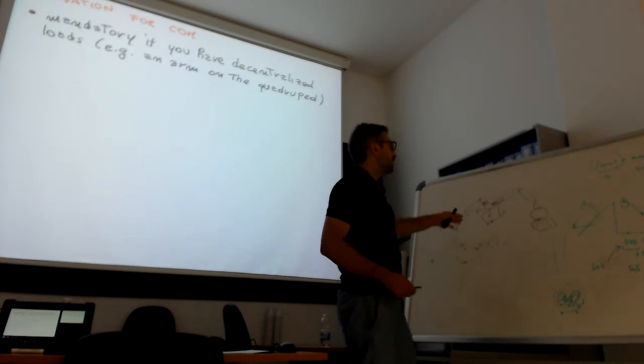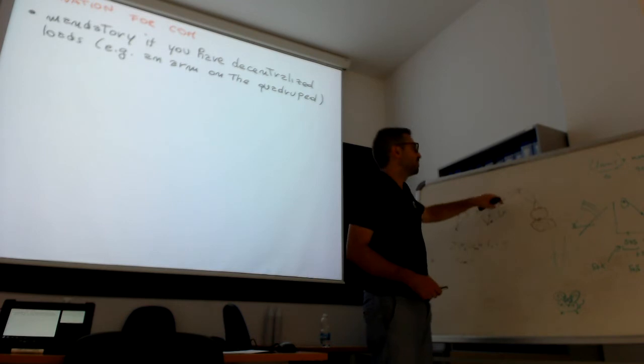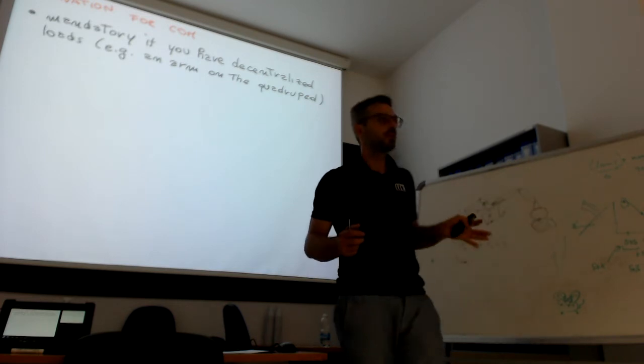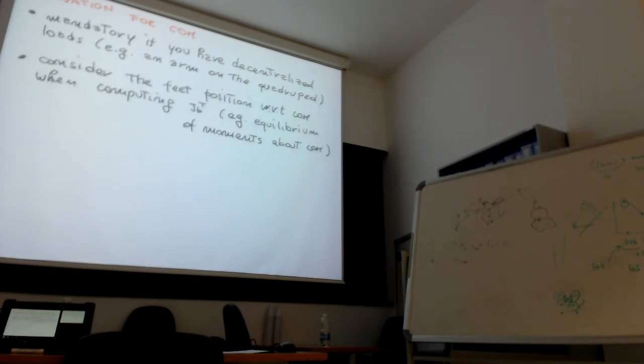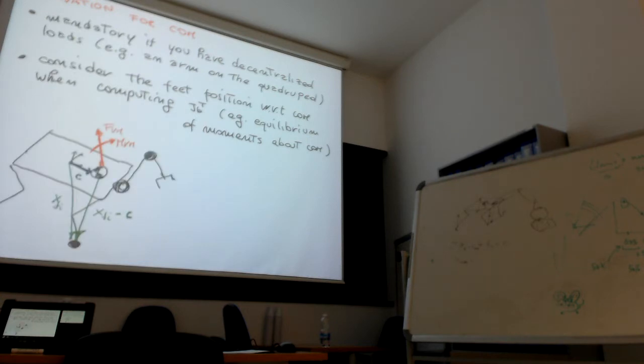So ideally, if you have a good CAD, you should be able to compute it from the kinematics. Then the idea is to consider the foot position with respect to the center of mass in the computation of JB. Before we had x, y, phi, now we have x, y, phi minus c.